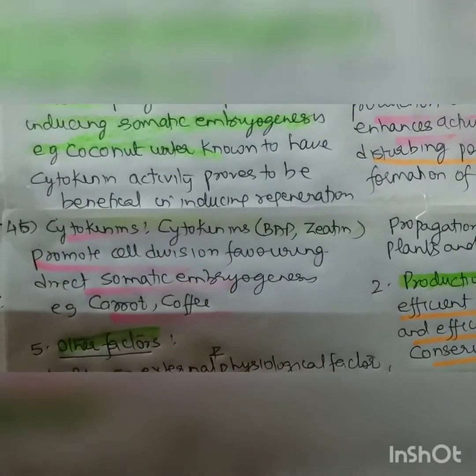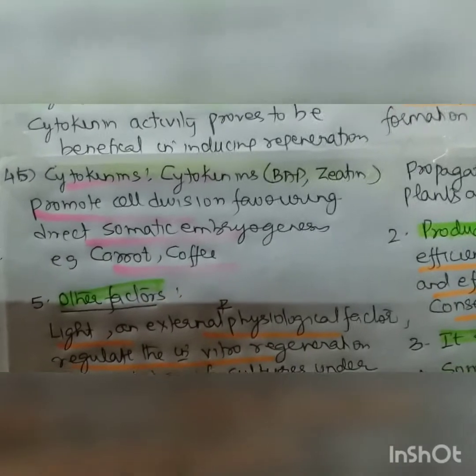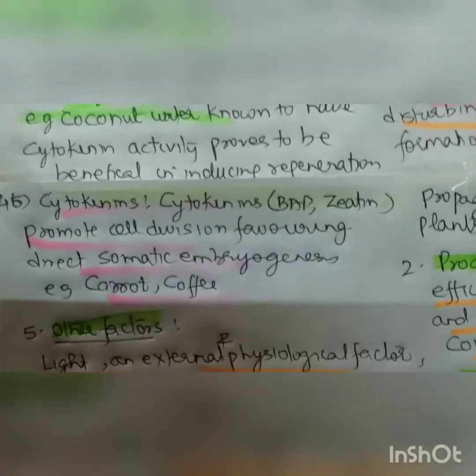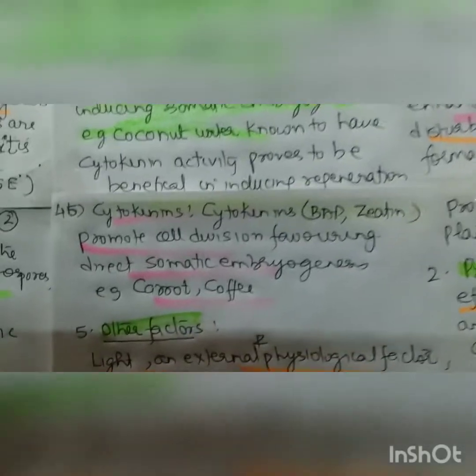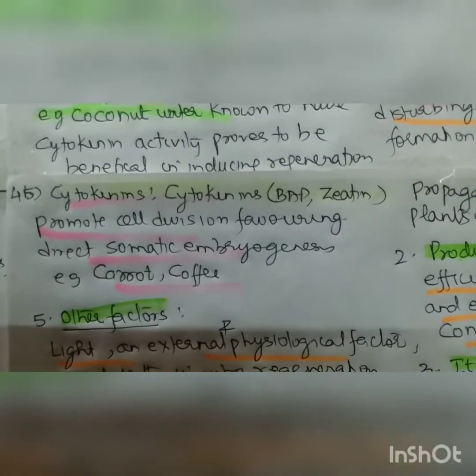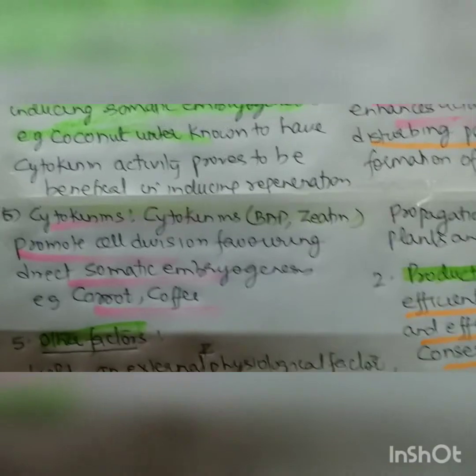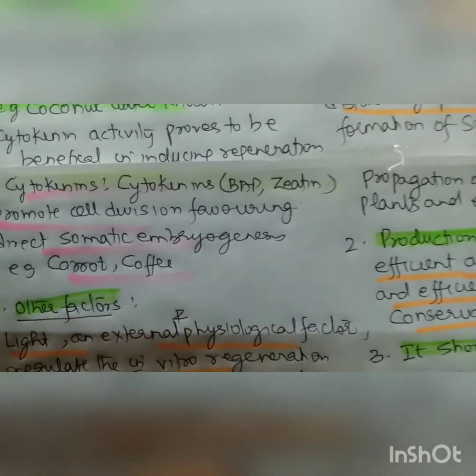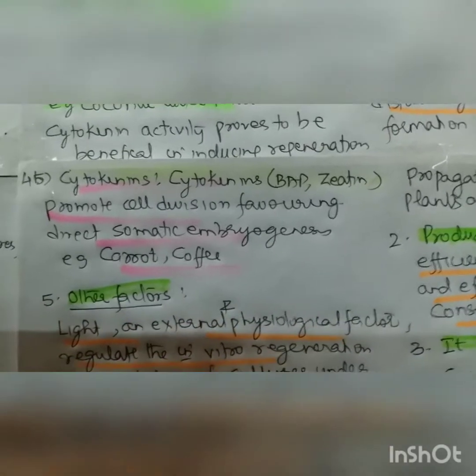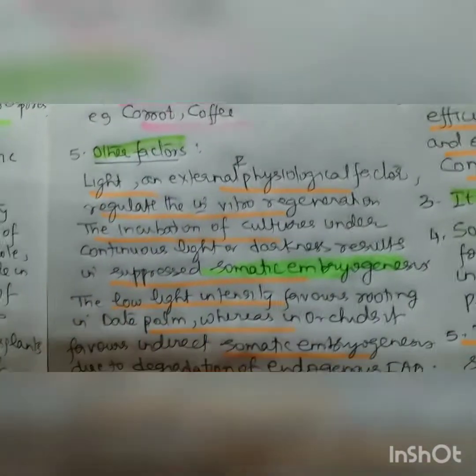Cytokinins promote cell divisions and direct somatic embryogenesis, whereas auxins, particularly 2,4-D, result in the formation of callus. But I already told you, as a tissue culturist, you are not supposed to take that pathway. Callus should be omitted to avoid somaclonal variations.